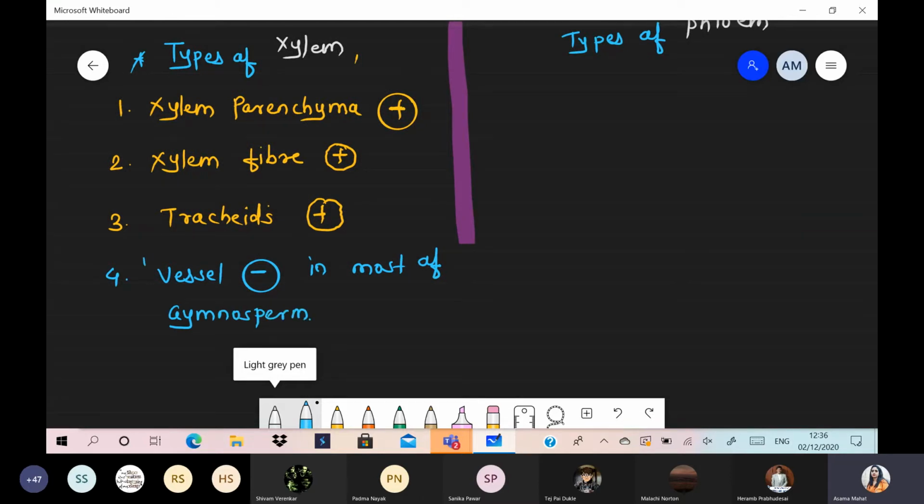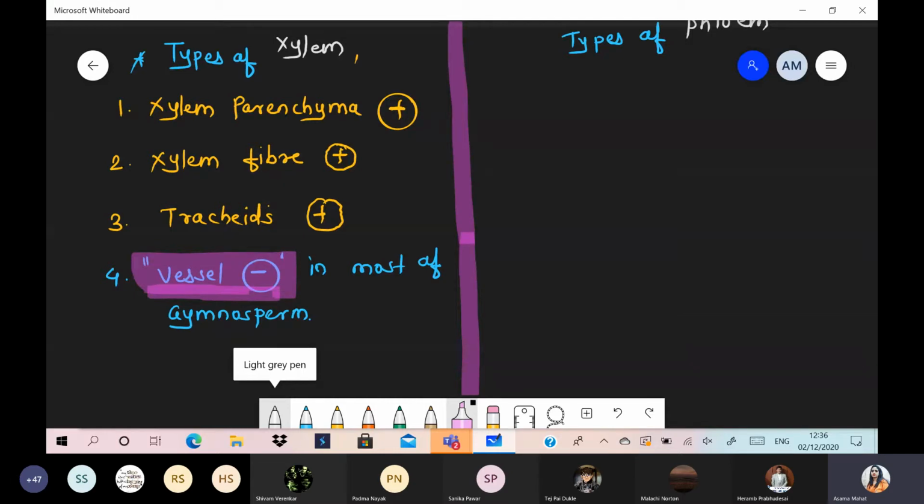Please underline this word. We are talking about which cells? Vessel cells. I am repeating this point again. Xylem parenchyma present, xylem fiber present, tracheids also present, but vessels, which help in water conduction, the most advanced system, are absent in most gymnosperms.